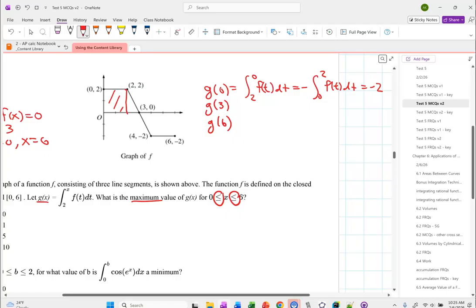That's -2. Or 4. Sorry. Are you happy there? I just computed the area of this square, just using geometry, right?